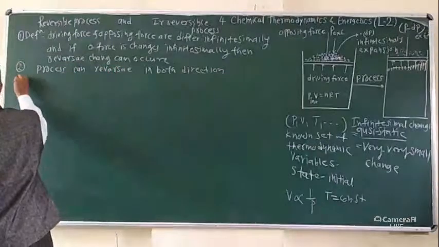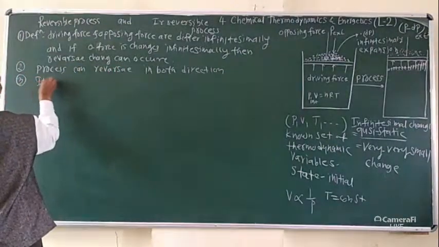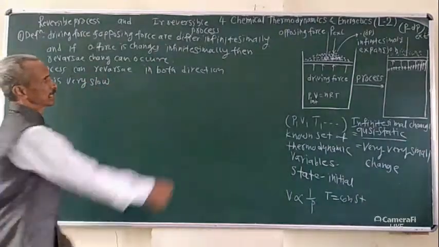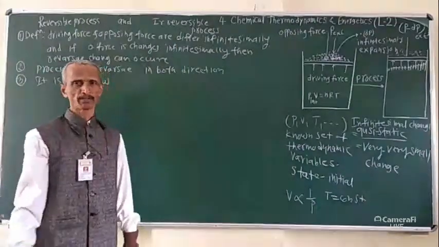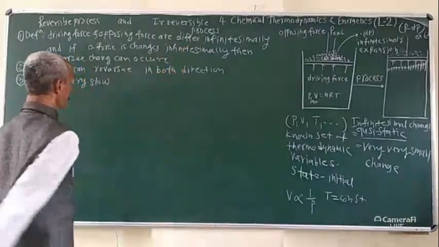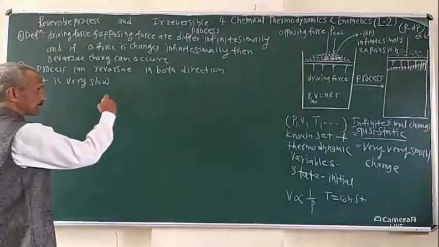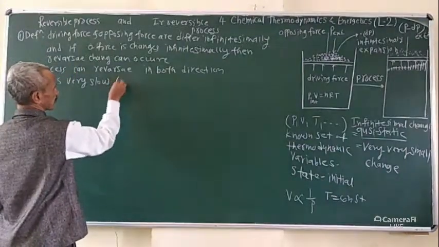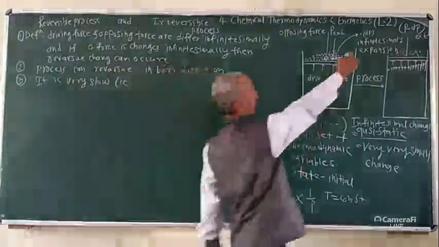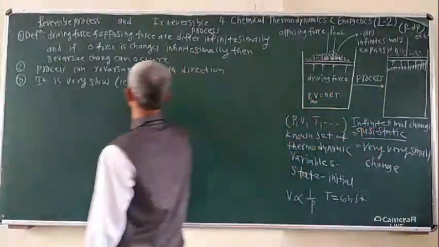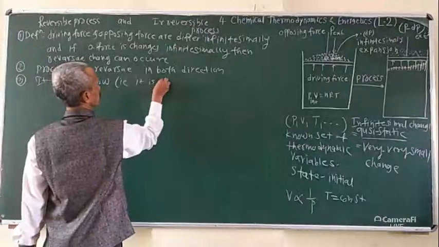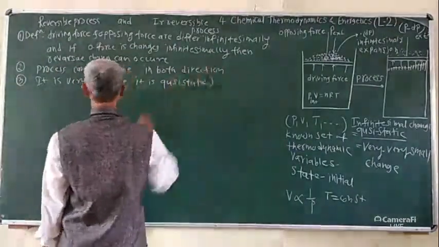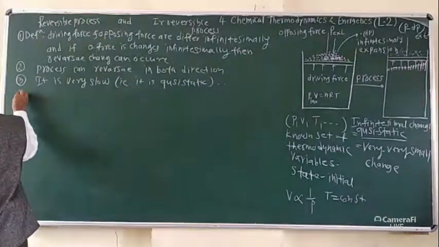And it is very slow, right? Why is it very slow? Because there is an infinitesimal change, a very small change in the opposing force. So there is a number of steps, very slow steps. That is said to be a quasi-static step.